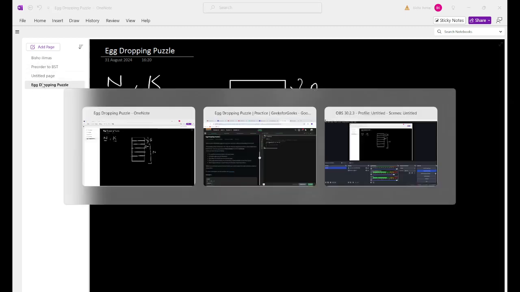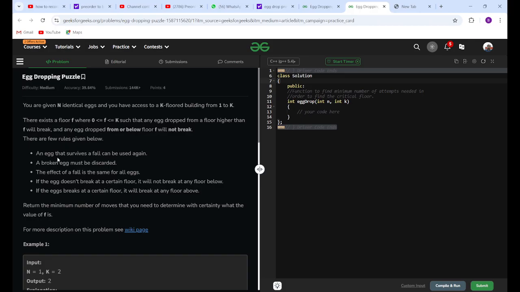You can read the problem statement again. An egg that survives a fall can be used again. If the egg is not broken, then you can use that egg again to check. An egg that breaks must be discarded.